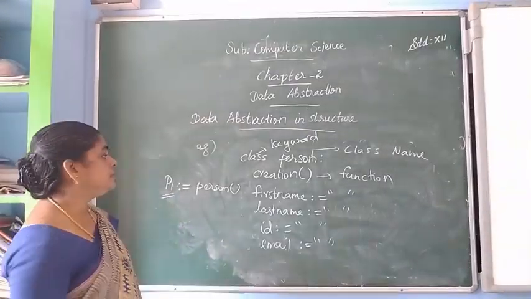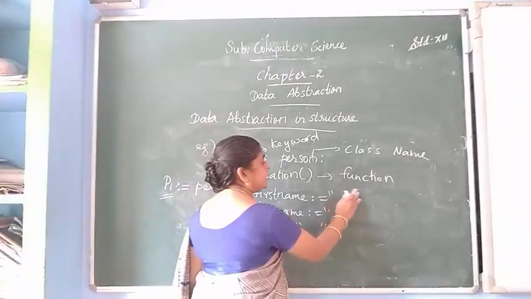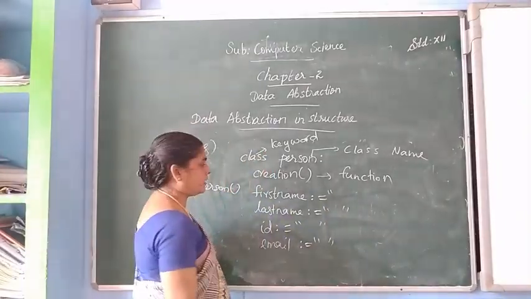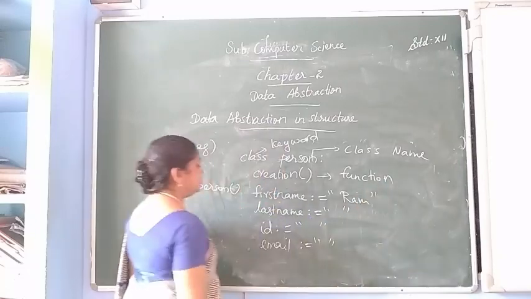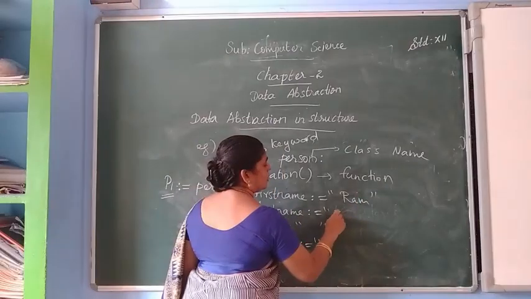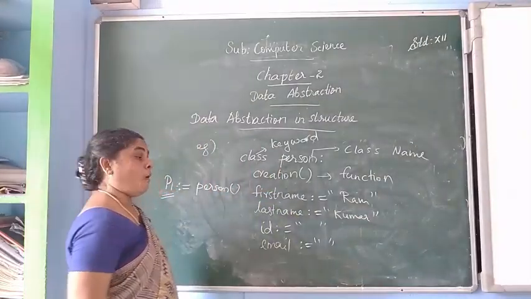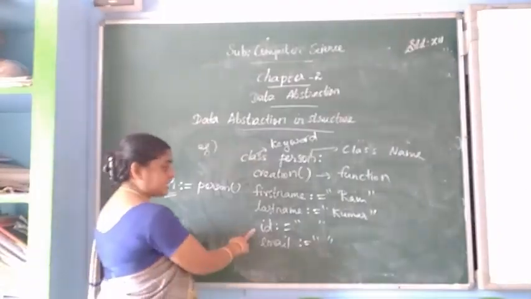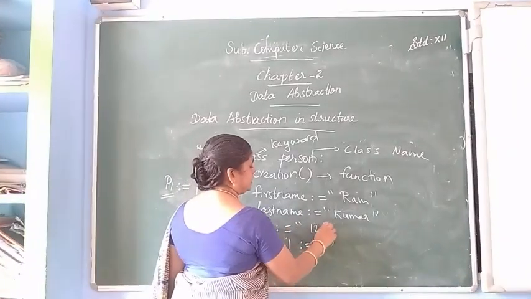Can you understand? Then for first name, we can give the name inside the double quotes. Okay, Ram, like that we can give that name. Then last name, Kumar. We can give the last name. The next ID. ID means we can give one ID number.